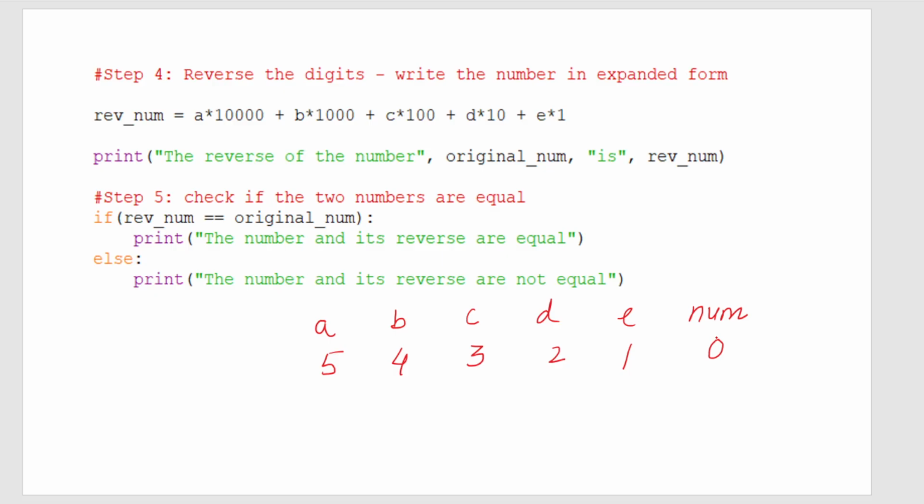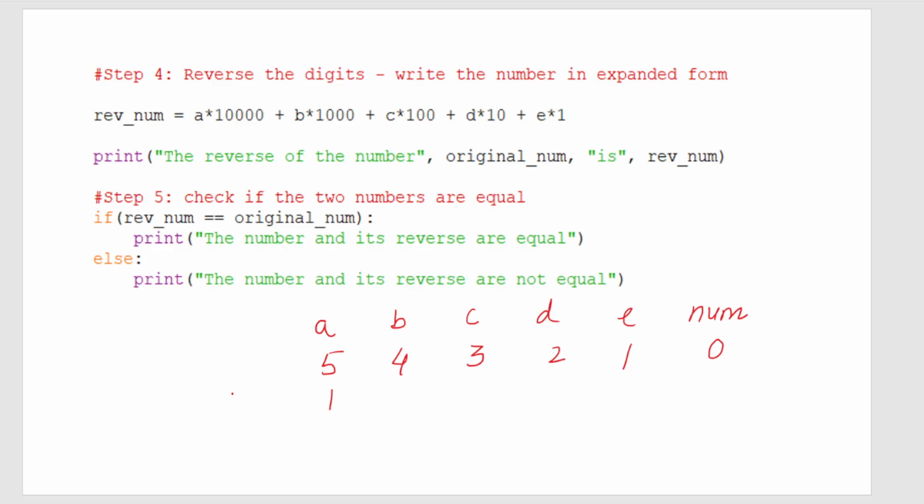Now in order to reverse it, we have to change the place value of each digit. Initially the place value of A was 1, this is the initial digit.